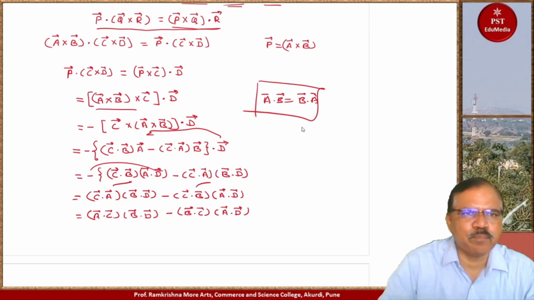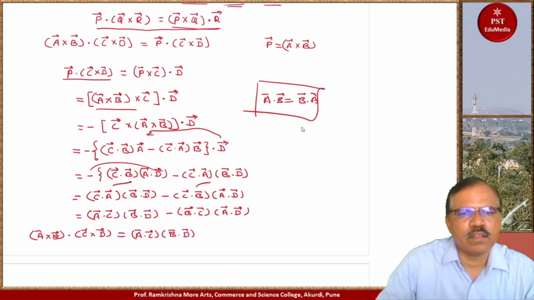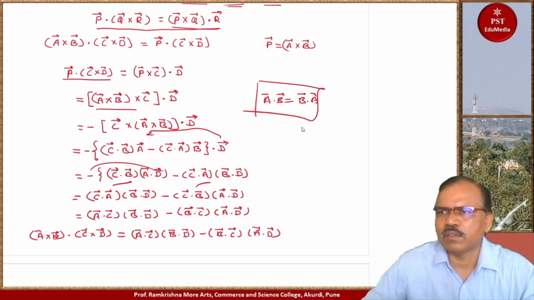So now here, A cross B dot C cross D is equal to A dot C into B dot D minus B dot C into A dot D. And this is our proof.